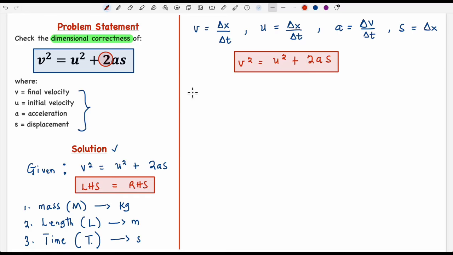However, in dimensional analysis, we place the quantity in a square bracket. So if we have, let's say, position or displacement, we place it in a square bracket, and then we place the quantity inside the square bracket. For example, if we have quantity A and we want to take the dimensions of quantity A, then we place it inside a square bracket.